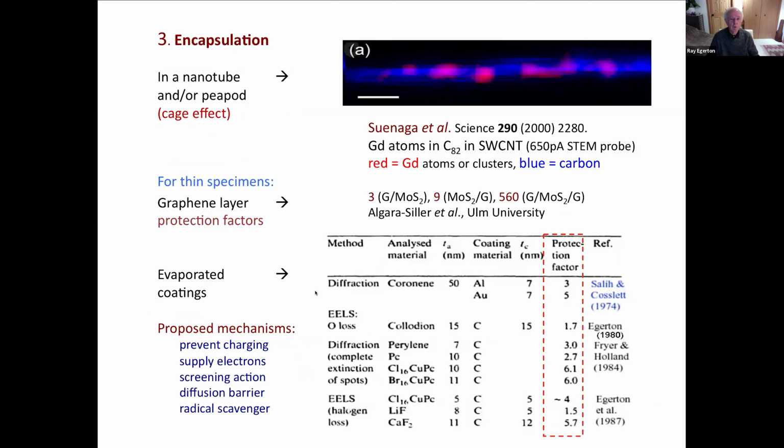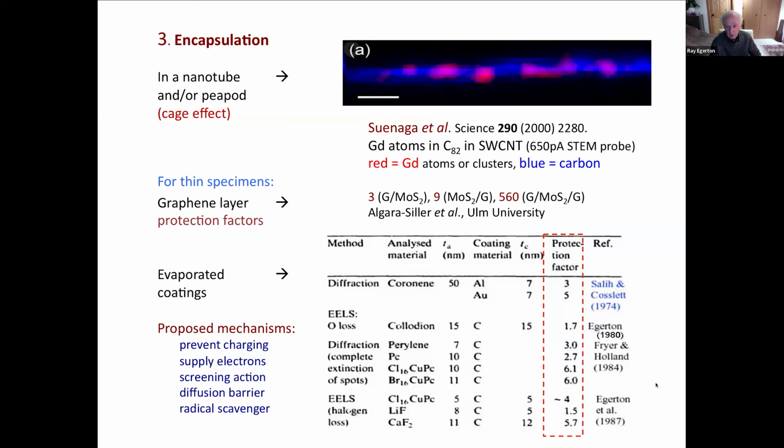Another thing you can do is to encapsulate the specimen in some way. Here are single atoms, atomic clusters encapsulated in a carbon nanotube, keeping the atoms in place. Graphene layers have also been used to prevent atomic motion with appreciable protection factors.